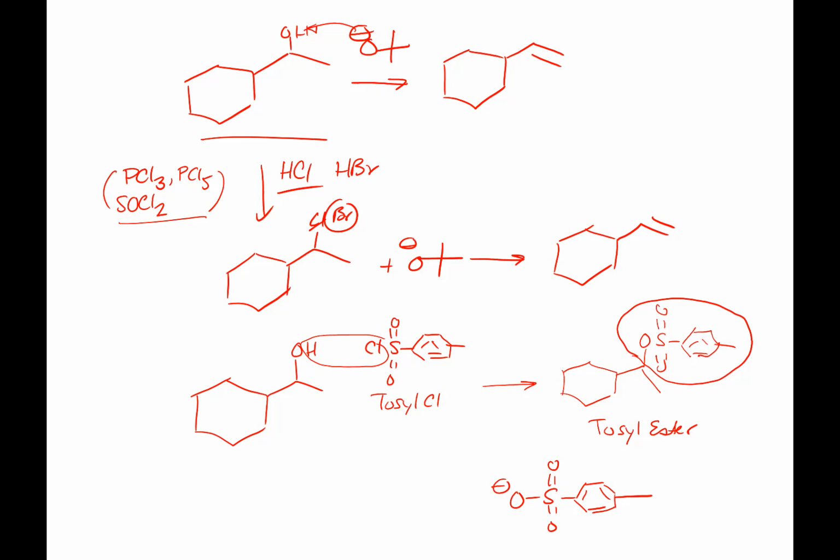which means that it is a lousy base. Why is it a lousy base? Because it's very stable. Why is it very stable? Because it's got a lot of resonance structures. So tosylate esters are really good leaving groups.